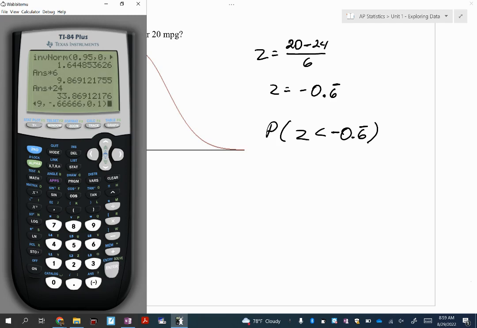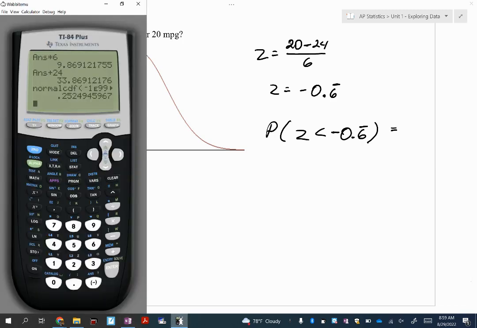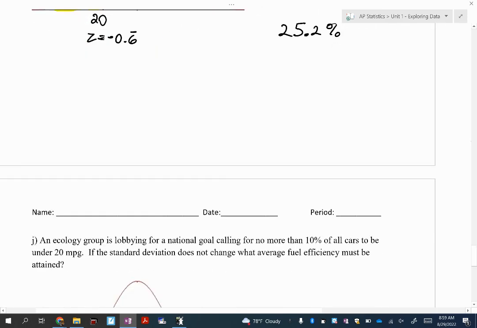And I get a value of 0.252. So my z-score is, I'm sorry, not my z-score. My z-score was -0.6 repeating, but my probability is 0.252, or as a percentage, 25.2%.